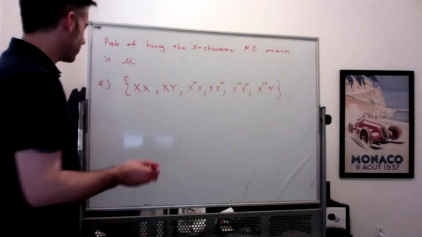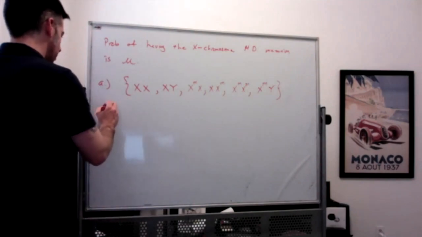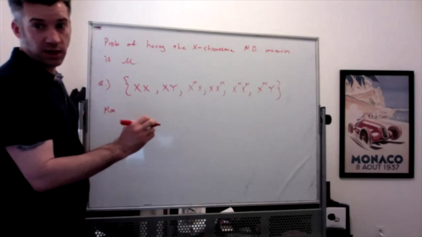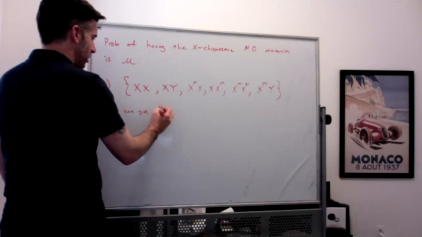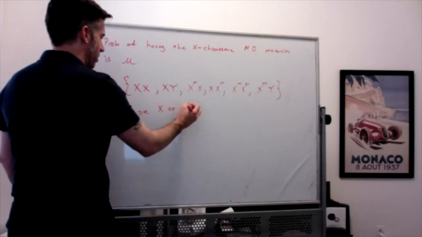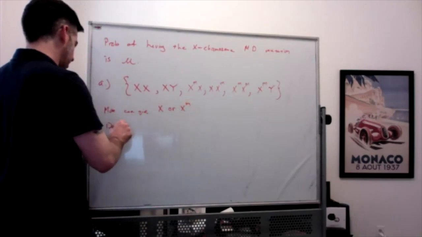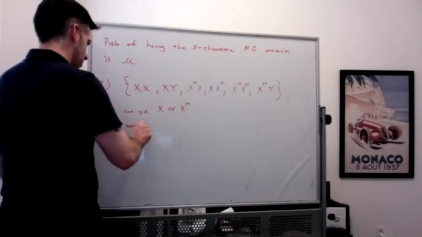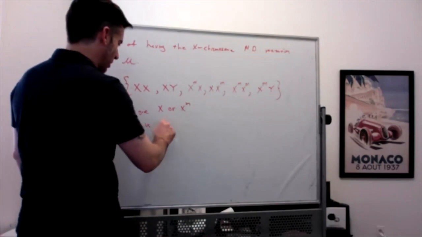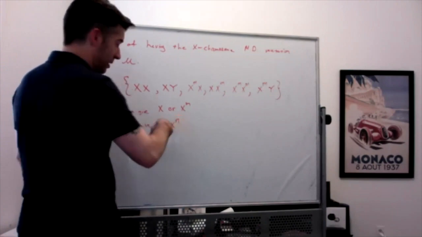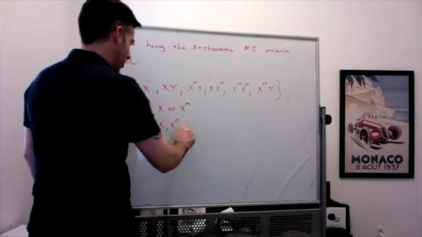This is because the mom can give an X or an XM, and the dad can obviously give an X or an XM, depending on what he has. We don't know what he has, or she has.